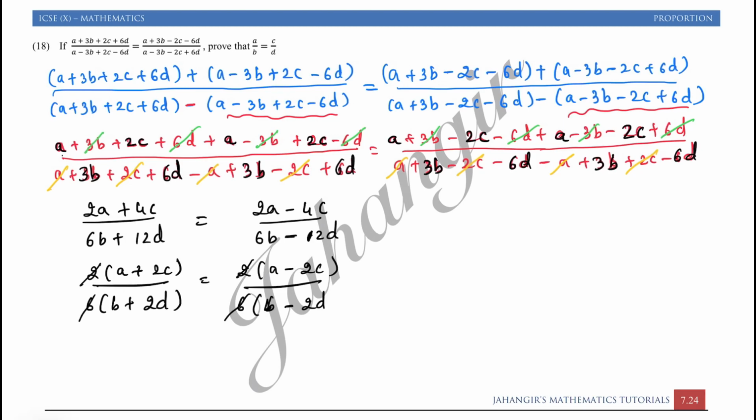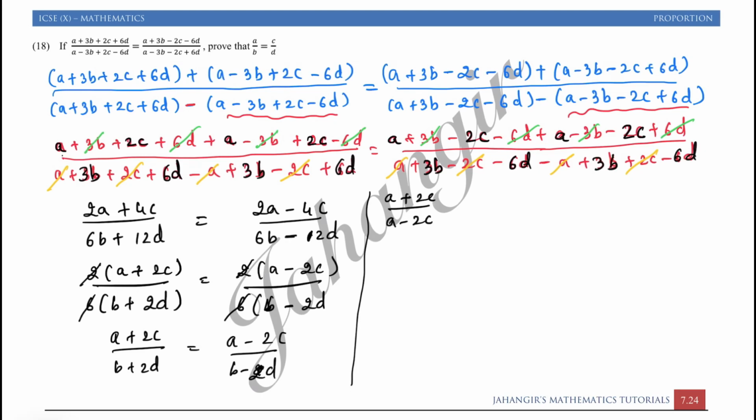So I will get a plus 2c upon b plus 2d is equal to a minus 2c upon b minus 2d. So now what I will do, again if I am doing alternando, by alternando what I will get, a plus 2c upon a minus 2c.